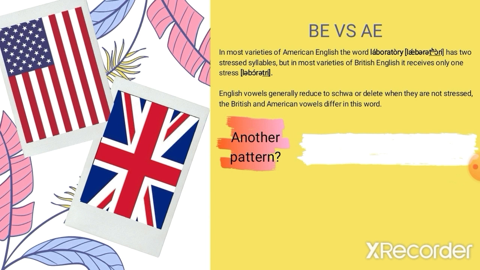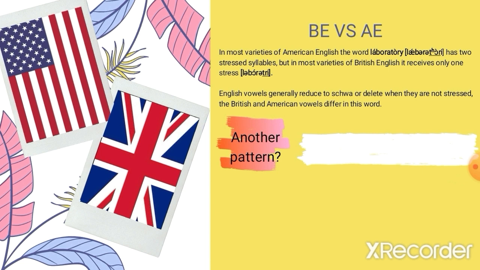In American English, the two stresses are placed on the first and the fourth syllable. In British English, it only has one stress, so we pronounce it differently.